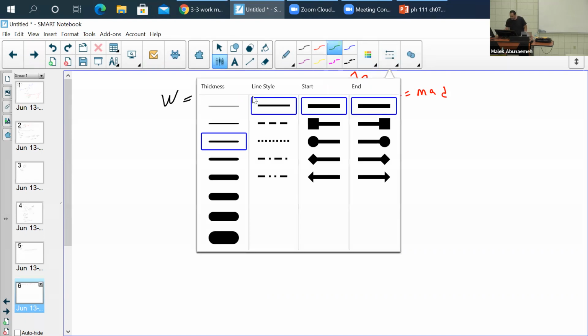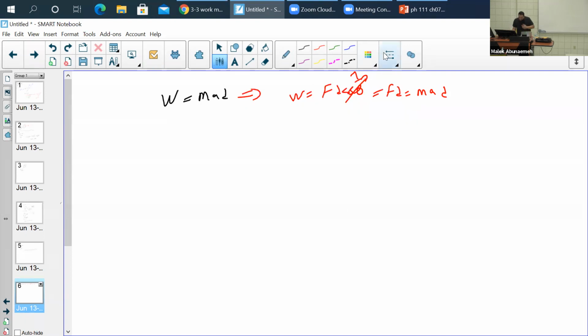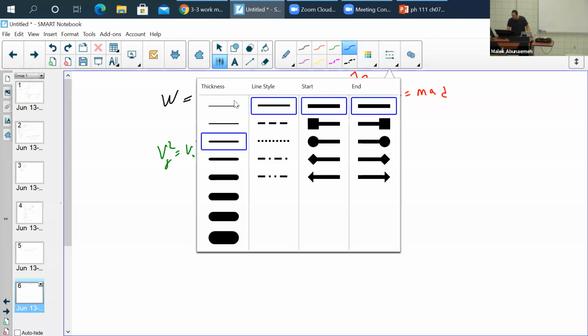Now, we introduced this kinematic equation from chapter 2, which says our final velocity squared equals our initial velocity squared plus 2AD. Let me go ahead and label these real fast.